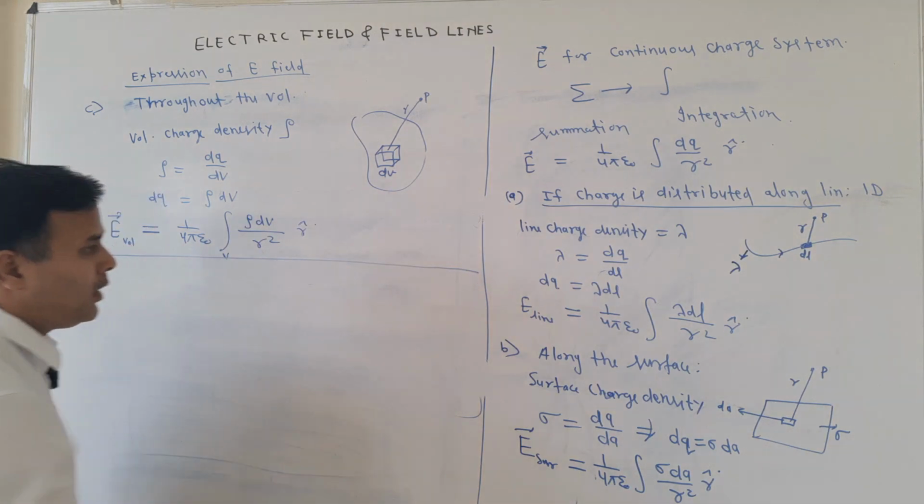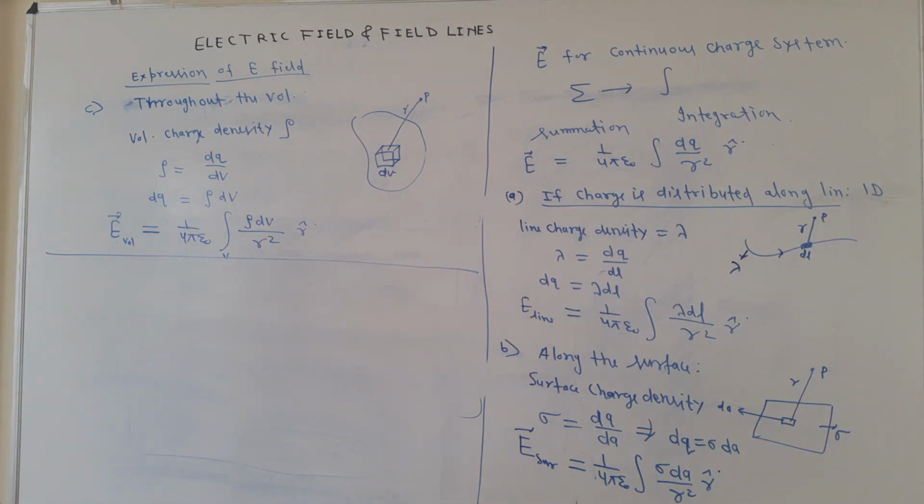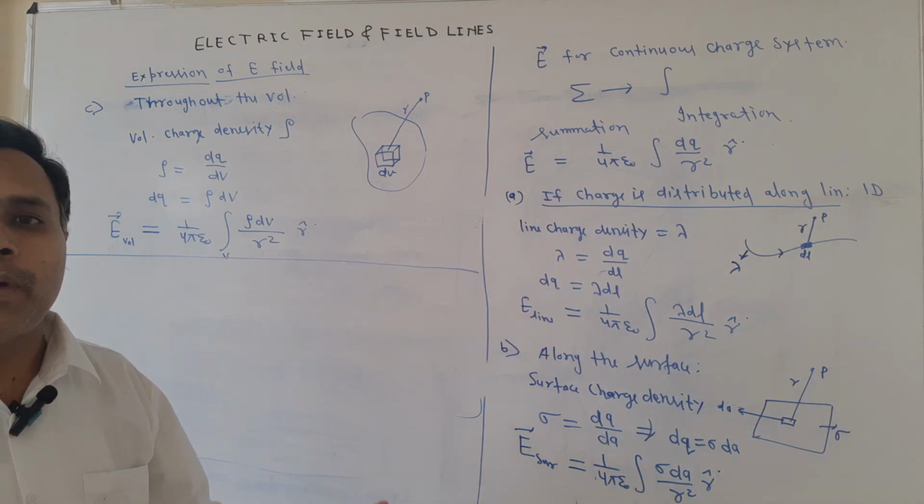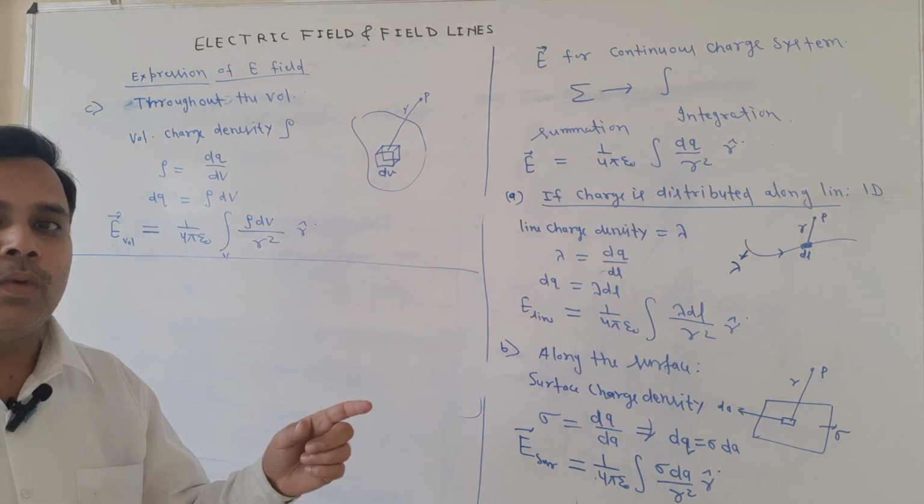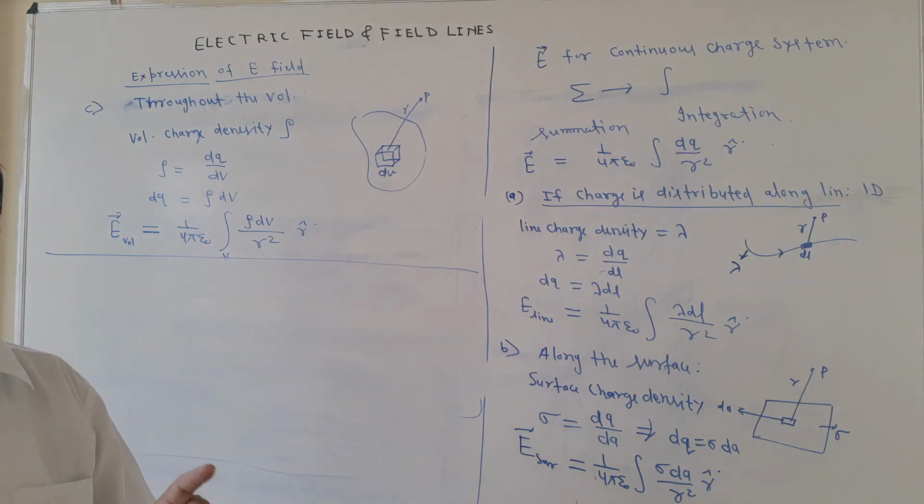So depending upon the nature of distribution of charge, we have three different profiles of electric field, but in a discrete system we have one profile, which is E equal to 1 by 4 pi epsilon 0, summation i equal to 1 to n, qi upon ri square, r cap.